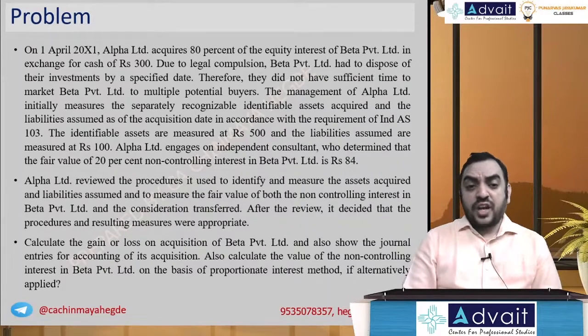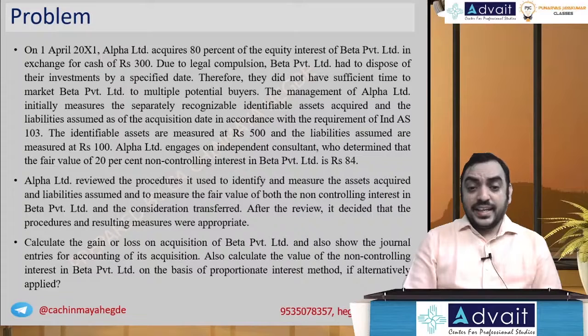The management of Alpha Limited initially measures the separately recognizable, identifiable assets acquired and the liabilities assumed on the acquisition date in accordance with the requirements of Ind AS 103. The identifiable assets are measured at rupees 500 and the liabilities assumed are measured at rupees 100.